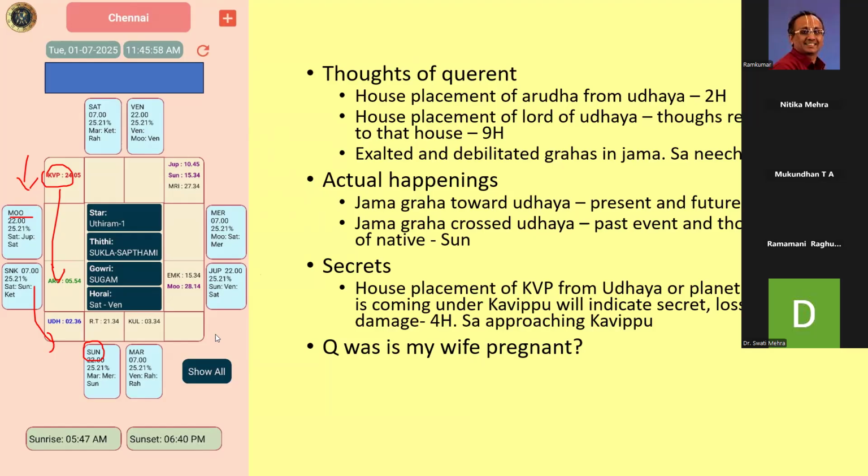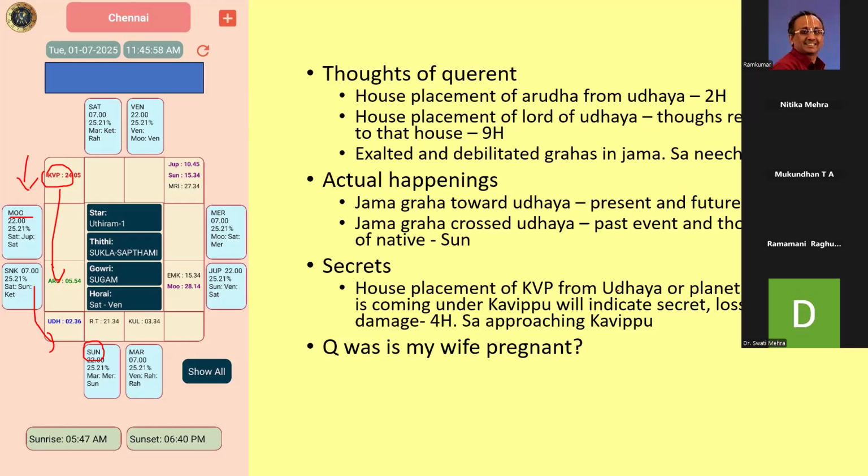Go step by step, right? The template which I gave you, first go through those 7 questions. Write down the grahas. Write down the houses. The moment you write down, there will be one common link between them. Now what are the 2 things you are going to check? If Kavipu is going to afflict the Udaya Lord, or the Karaka of the question.